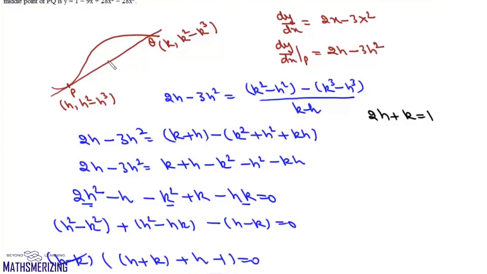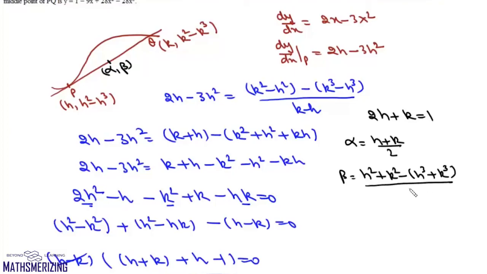And we need to find the locus of the midpoint of PQ. Suppose this is alpha, beta. Now alpha is (h plus k) by 2 and beta is (h square plus k square minus (h cube plus k cube)) divided by 2.